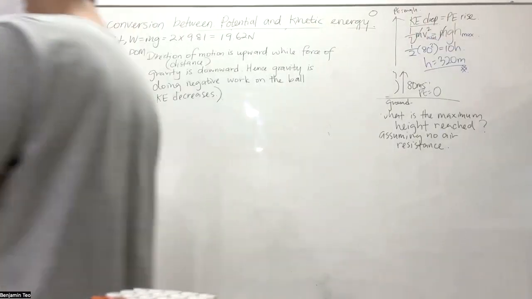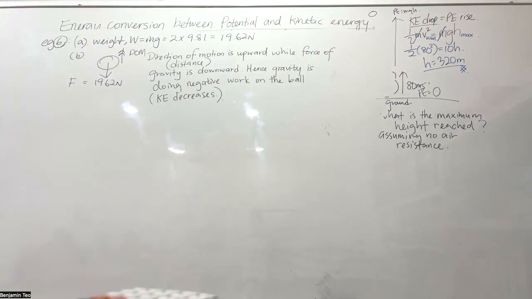Okay. 6A, what is the magnitude of the constant force? The weight is the only force acting. 19.62. Okay, we use 10 and 20. B, comment on the direction of motion and the direction of the force.